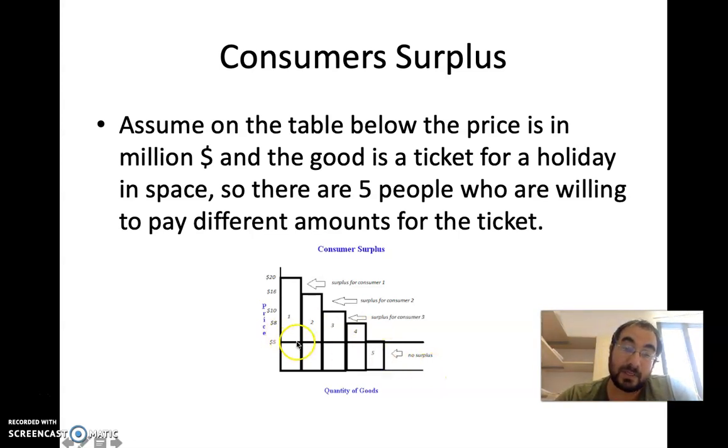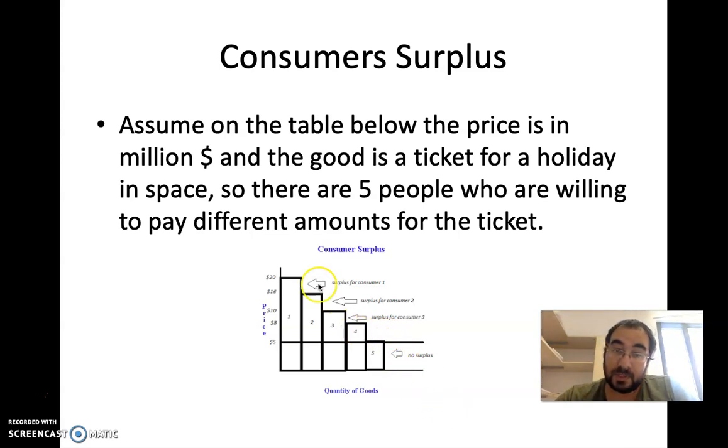However, this rectangle in the end represents the consumer surplus of consumer 1. This rectangle, 16 minus 5 times 1, which is $11, represents the consumer surplus of the second consumer. This rectangle represents the consumer surplus of the third consumer, which is 10 minus 5 times 1, which is just $5. And this rectangle represents the consumer surplus of the fourth consumer, which is 8 minus 5 times 1, which is 3.